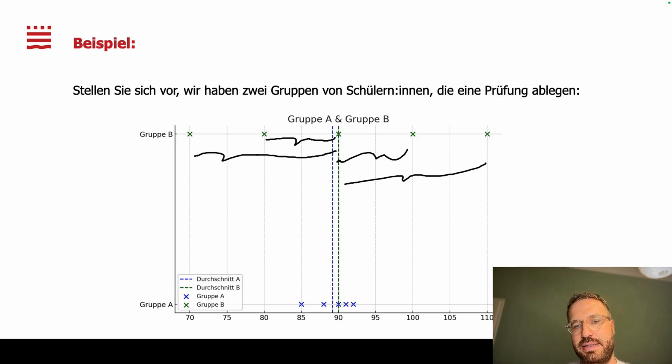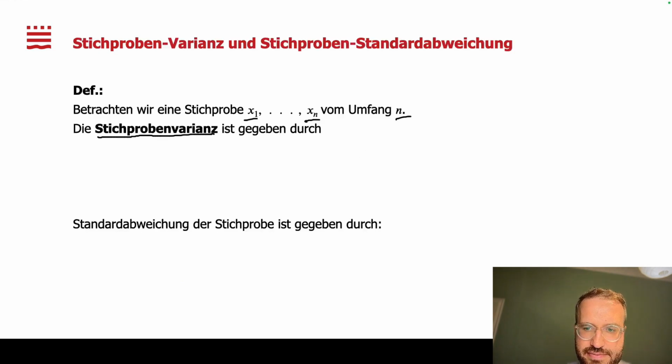So the idea is that we want something like this arithmetic mean of these deviations from the mean, and we want to do this in such a way that positive and negative values do not cancel each other out. So this distance here should not balance out with this one, as happens with the mean. And we do this as follows.